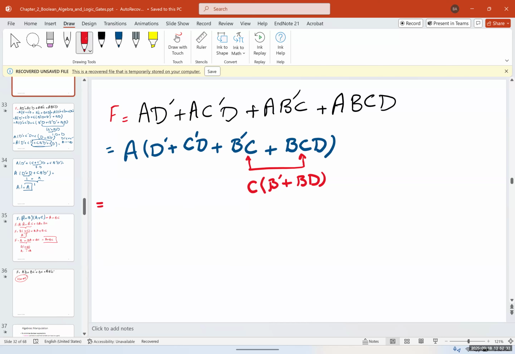But I'll write it like that. So this is going to be... am I missing something? Oh, I forgot this one as well.